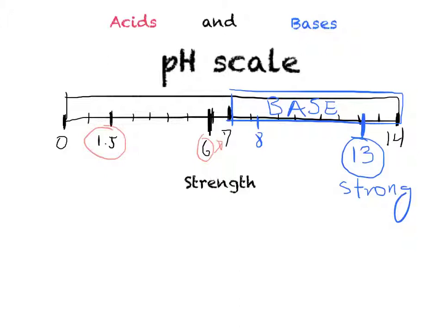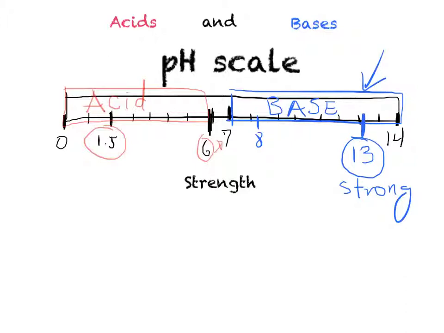I am using the blue and the red color on purpose. Remember, anything below 7 is an acid, and if you have litmus paper in the presence of an acid, it will become red. But if the same litmus paper is exposed to a base, it's going to become blue. So that's just another thing to remember.